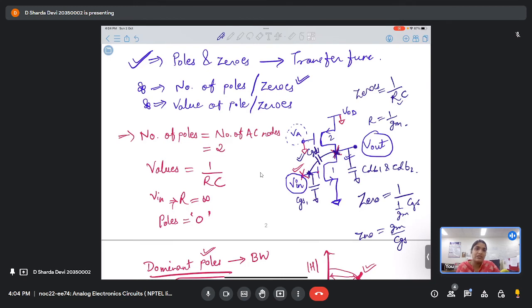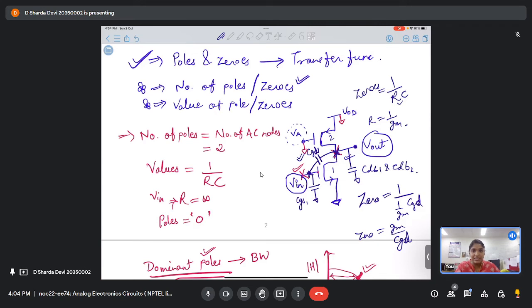What is the relation that connects input and output? It is the transconductance. For a MOSFET, we relate input and output through transconductance. So I can simply write the resistance as 1 by Gm, and the capacitor connecting these two nodes is known to us. So we'll use 1 by Gm as our R and CGD as the capacitance. So the zero will be Gm by CGD.